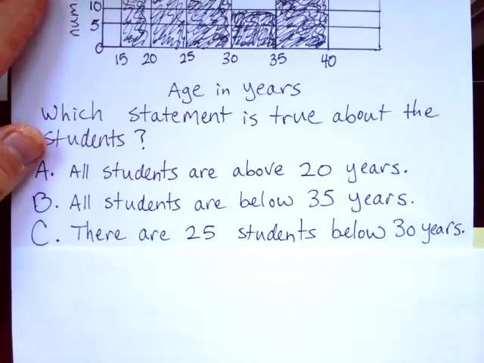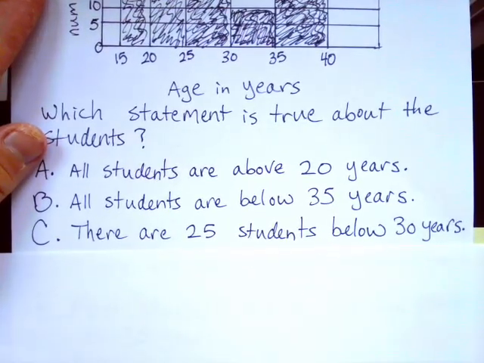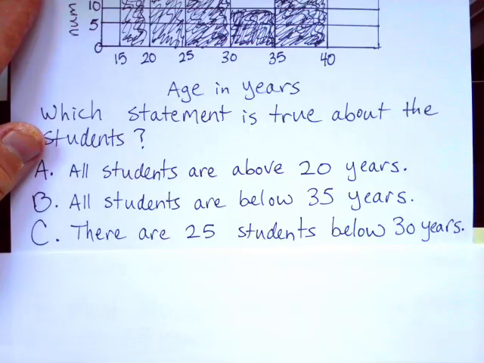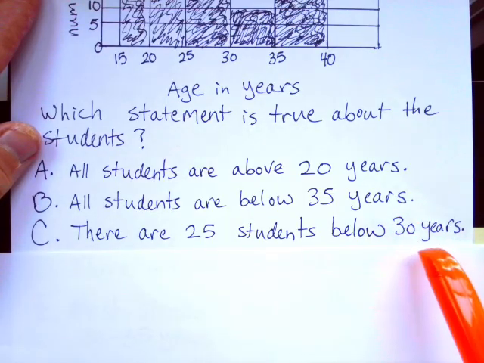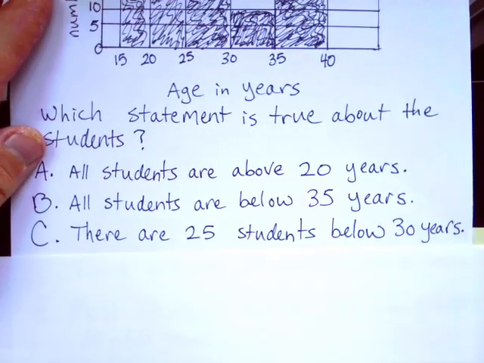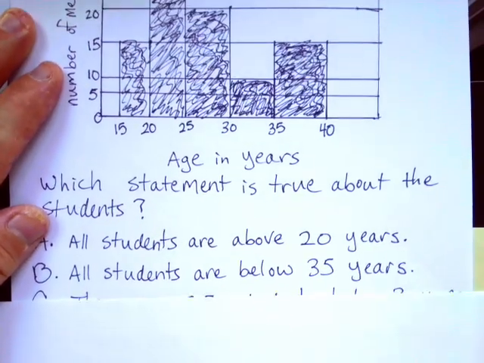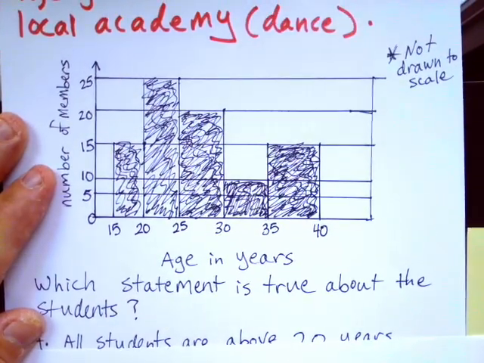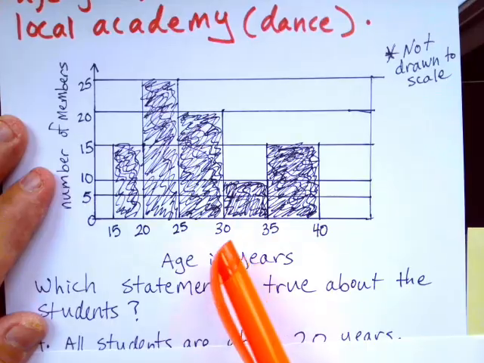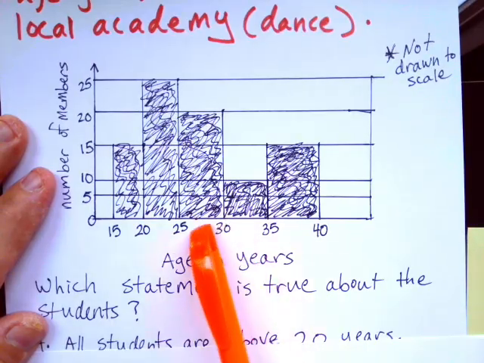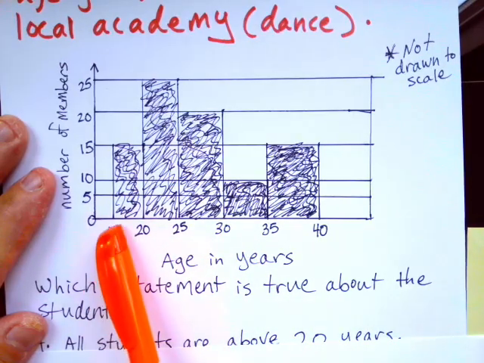What about C? There are 25 students below or under the age of 30. Let's take a look. Under 30 includes all ages up to 15.